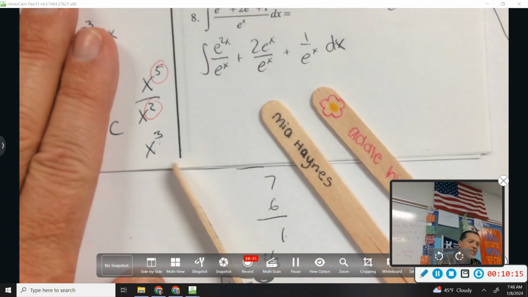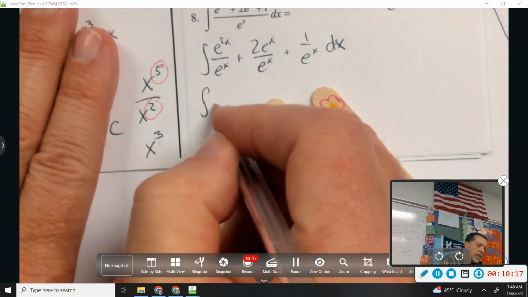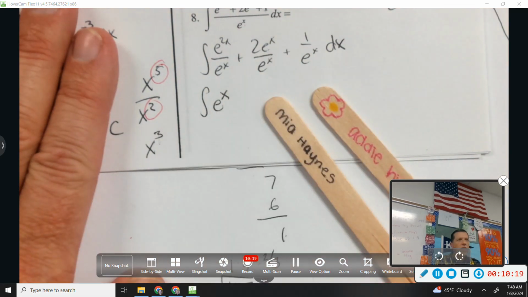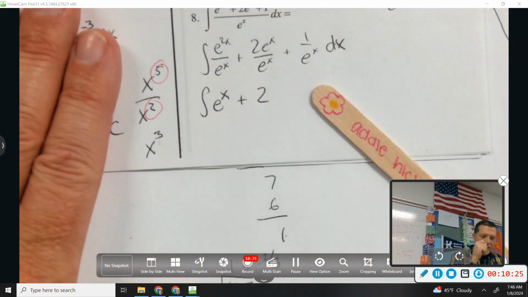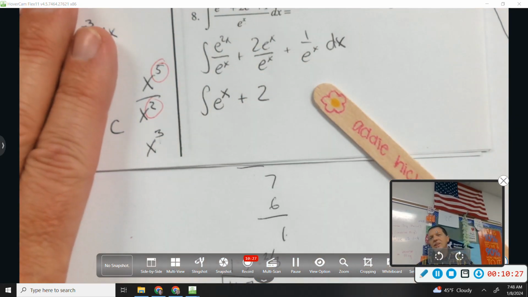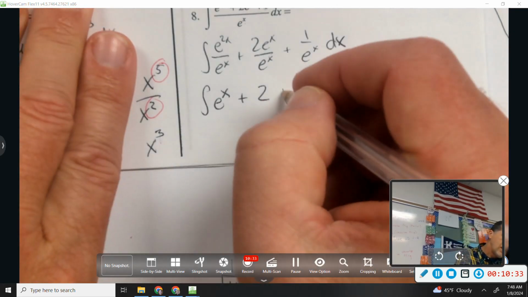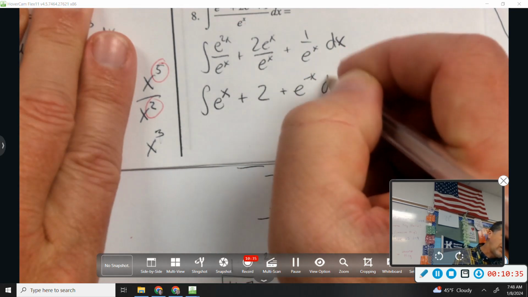E to the x. Mia, what's 2 e to the x divided by e to the x? Good. 2. And Addie, there's nothing really to simplify, but how might I rewrite 1 over e to the x? Good. E to the negative x dx.